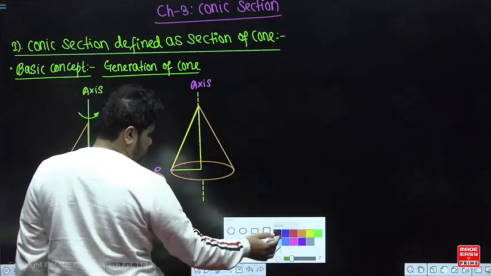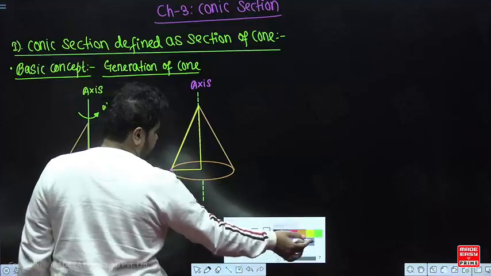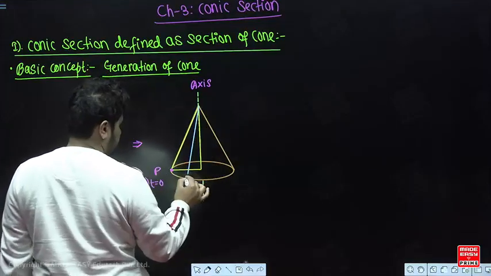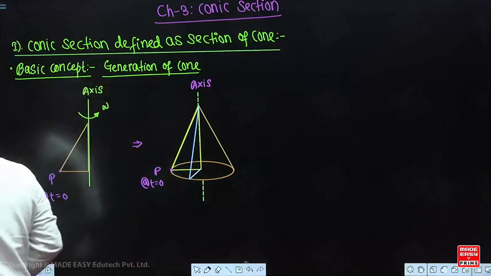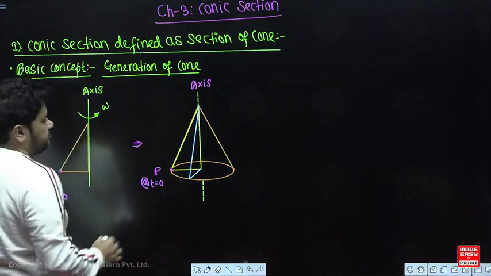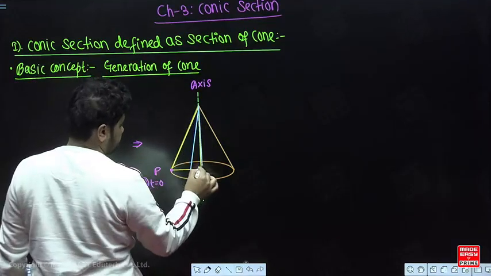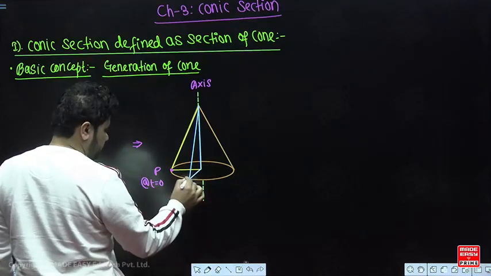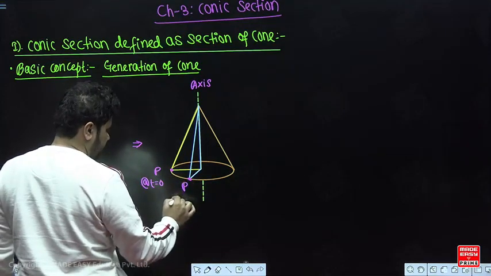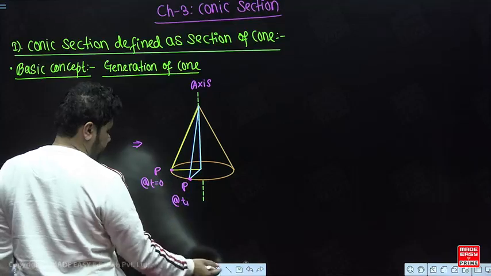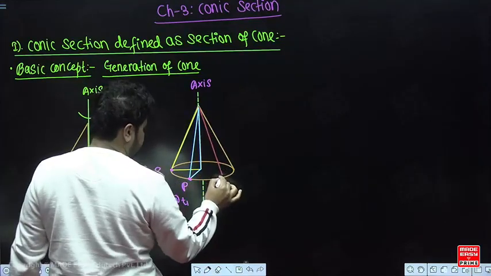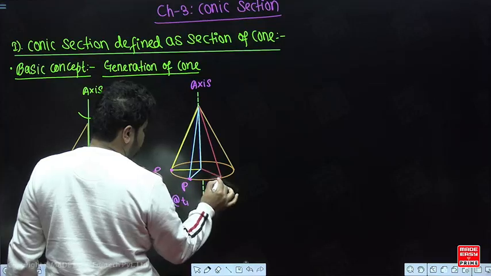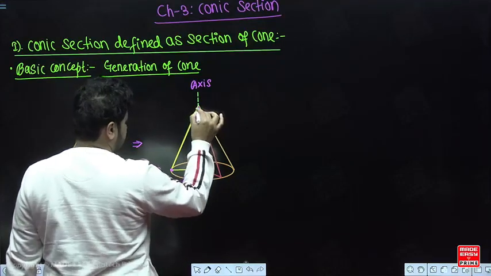After some time what is going to happen? So after some time this point will come over here at t equal to t1. After some time what is going to happen? After some time this point is going to come over here, isn't it?